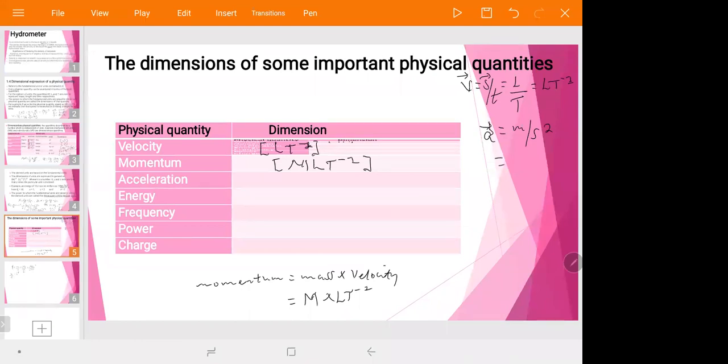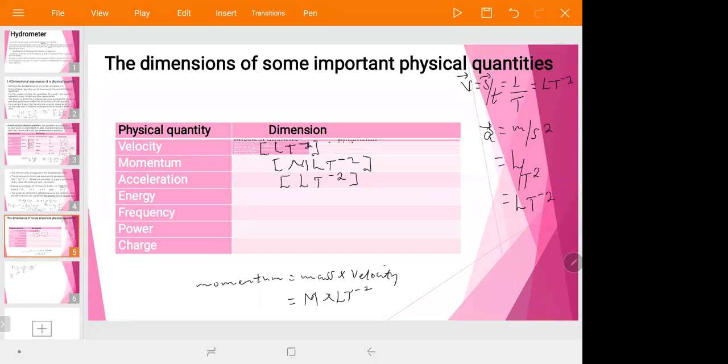When we symbolize the meter by dimension, it is represented by capital L, per T squared. When we bring up the time squared, it becomes LT minus 2. Therefore, the dimension of acceleration is LT minus 2.